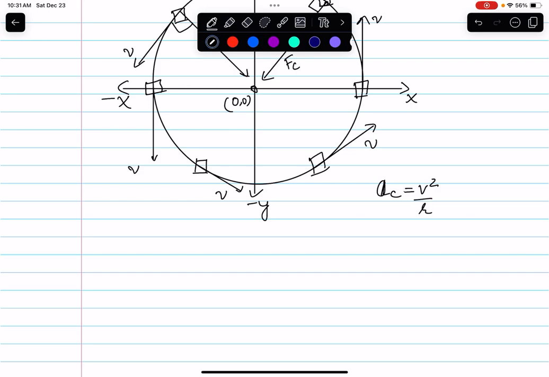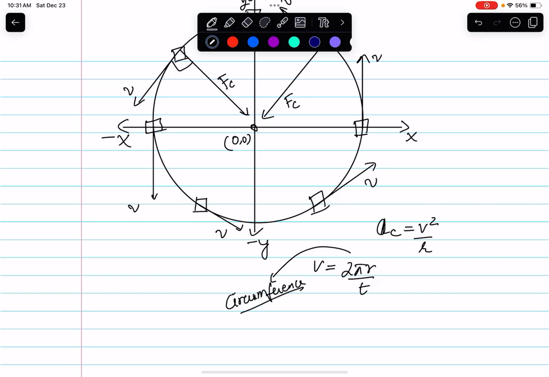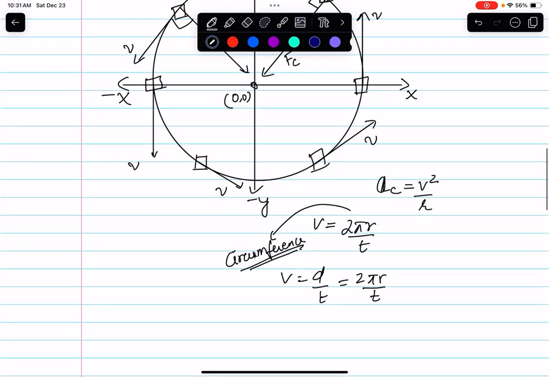And we also know that the velocity is equal to 2 pi r by T. Okay? The reason it's 2 pi r by T is because 2 pi r is just the circumference of the circle, and velocity is displacement by time, which is 2 pi r by T. Okay?